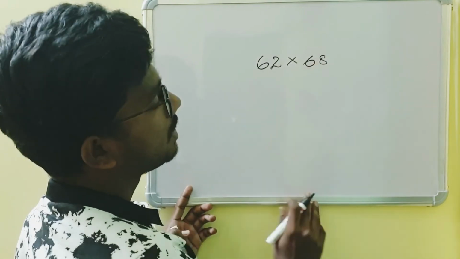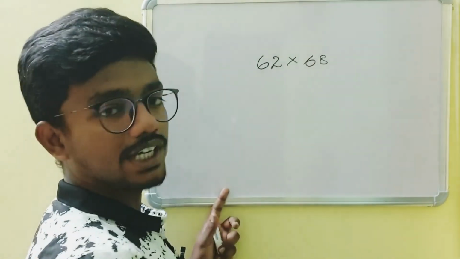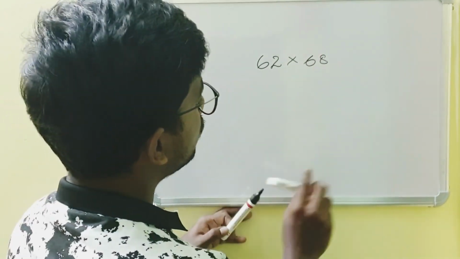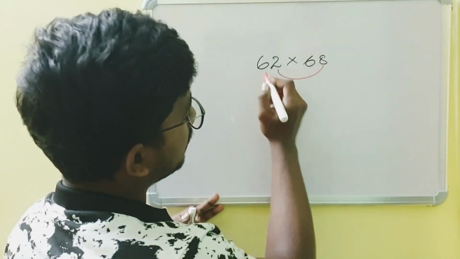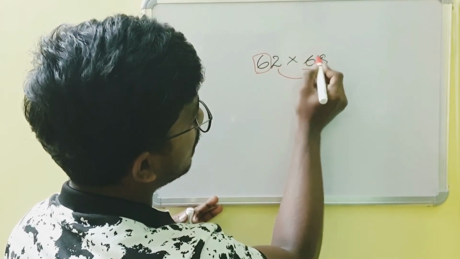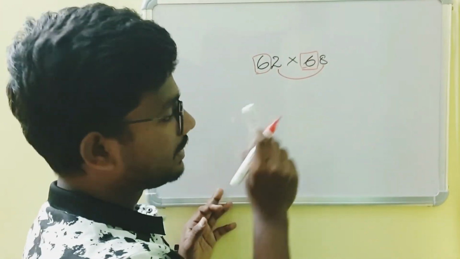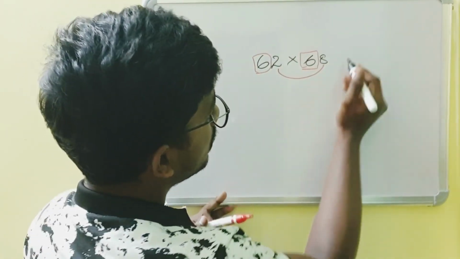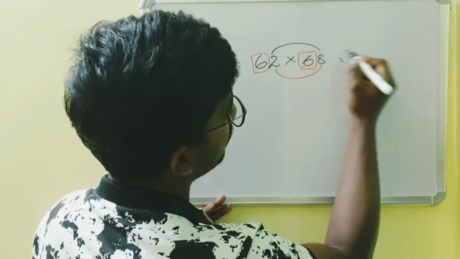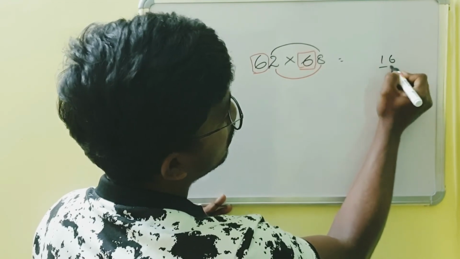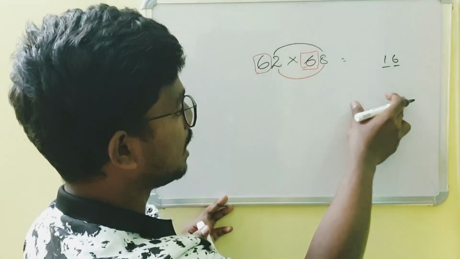Now let us take the example for the numbers 62 into 68. If we clearly observe these numbers, the sum of the numbers in the units place is 10 and the numbers in the tens place are equal. For these kinds of numbers, we have to multiply the numbers in the units place directly to obtain the last two digits of our required value.